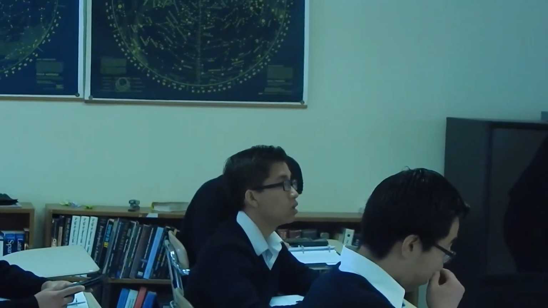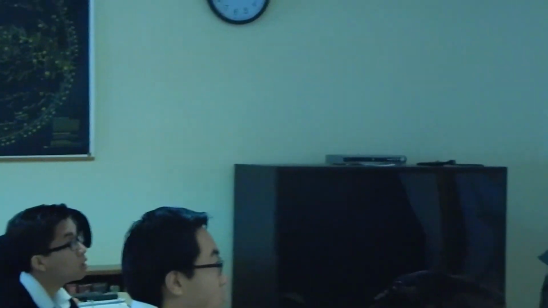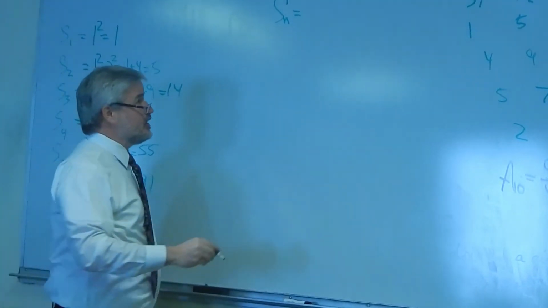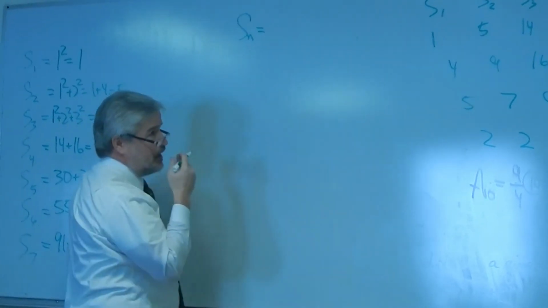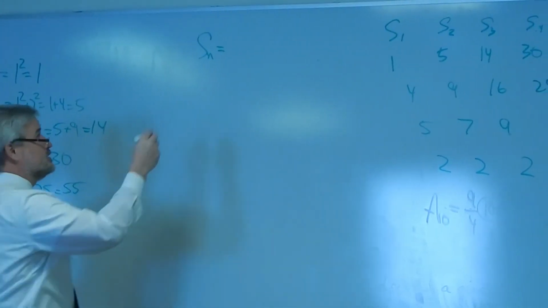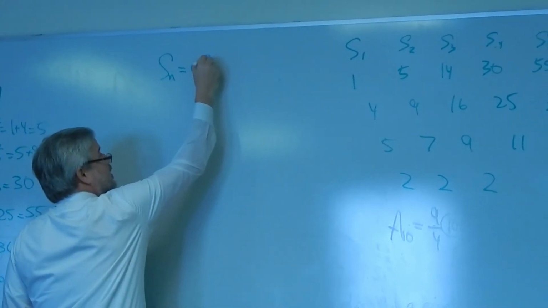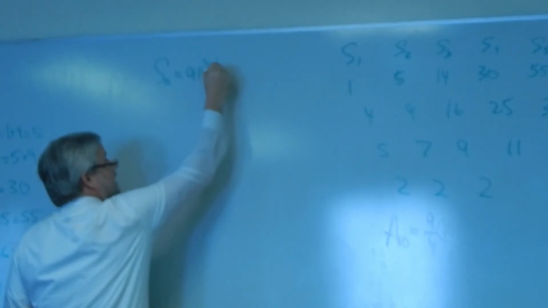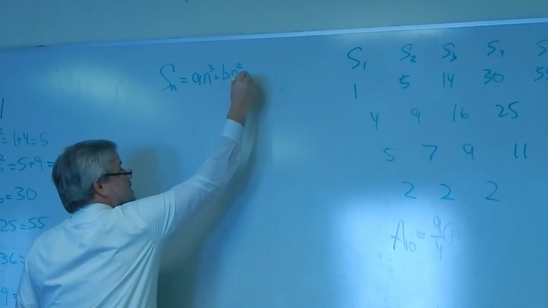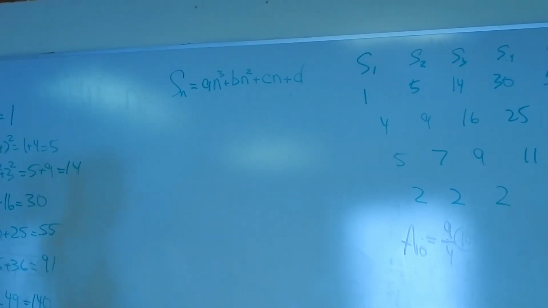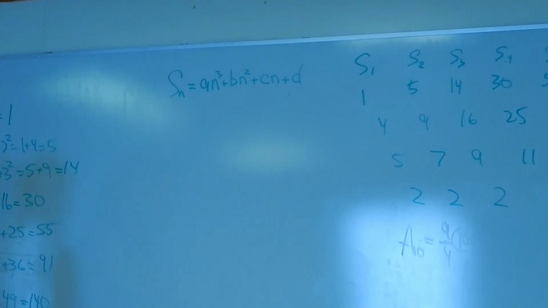So Sn is going to look like An cubed plus Bn squared plus Cn plus D. Which means this will end up a system of 4 equations, won't it?